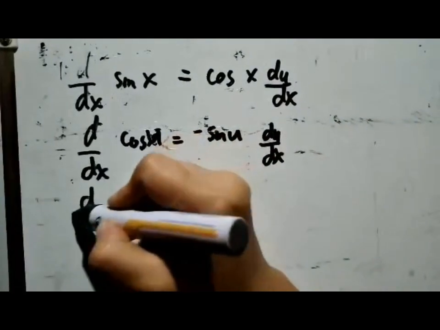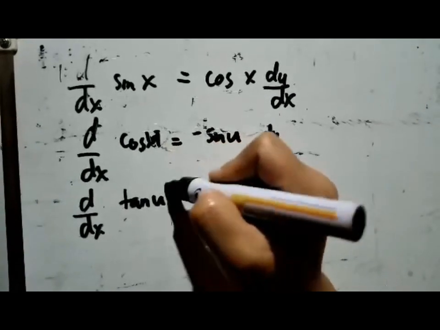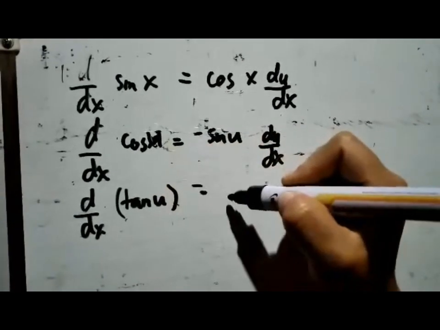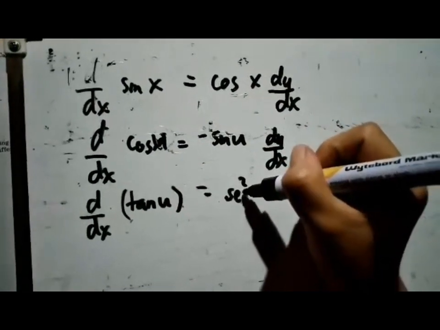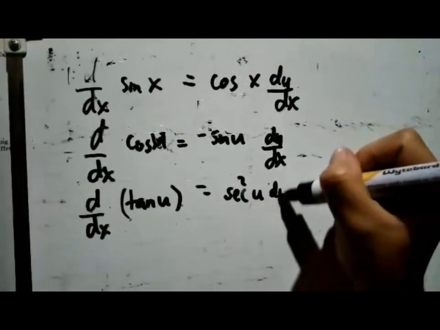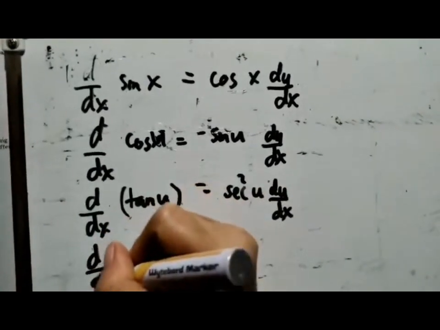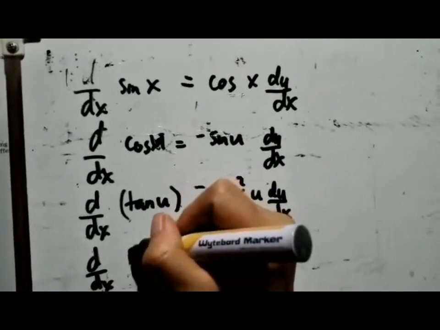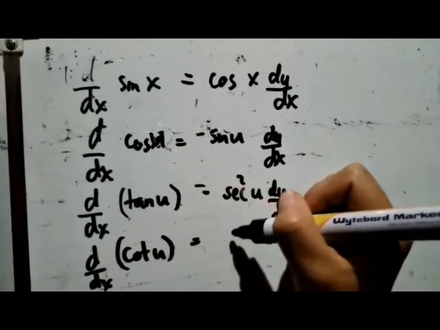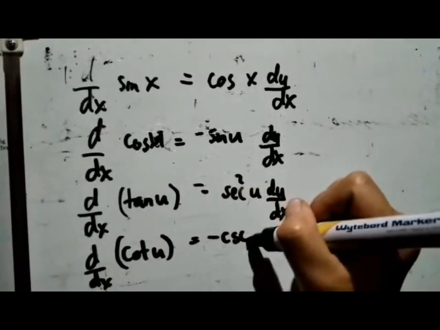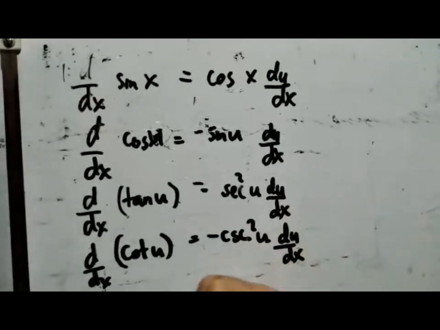And if we're going to get the derivative of tan u, we get secant squared u du over dx. The derivative of cotangent u is negative cosecant squared u du over dx.